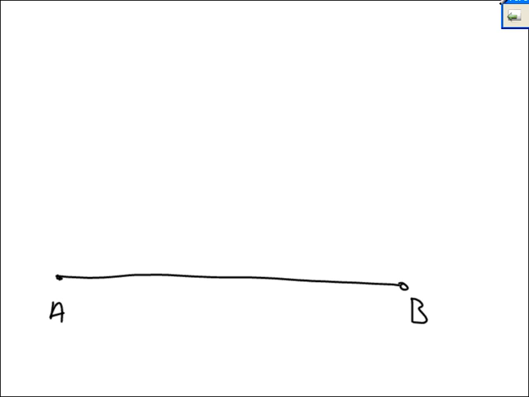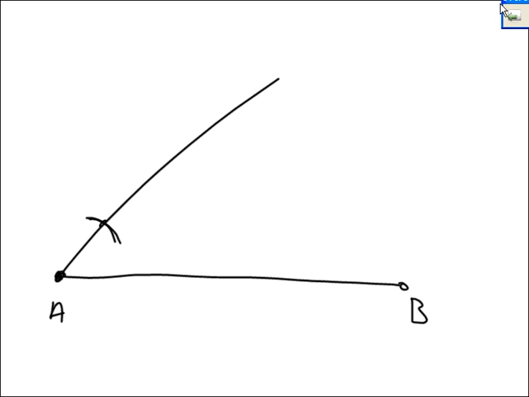Alright, so let's try it again. I want to cut this line segment into 3 equal pieces from A to B. So you draw any old line. And then you draw 3 equal portions here. Put the compass needle at A, open it to any point, any distance.